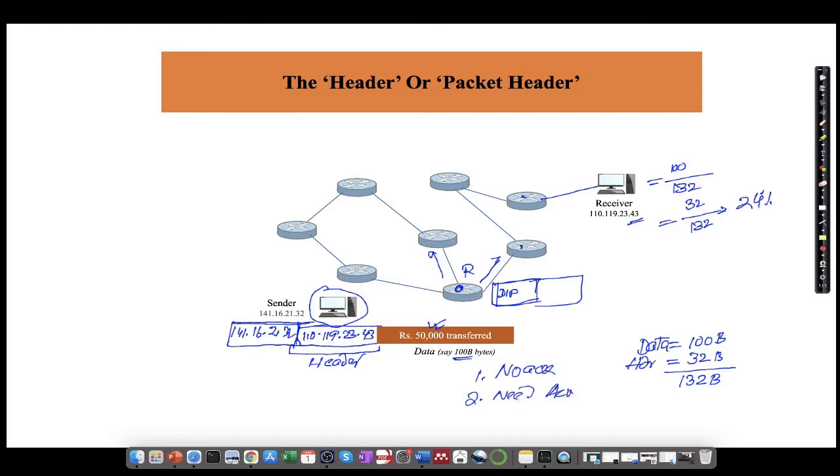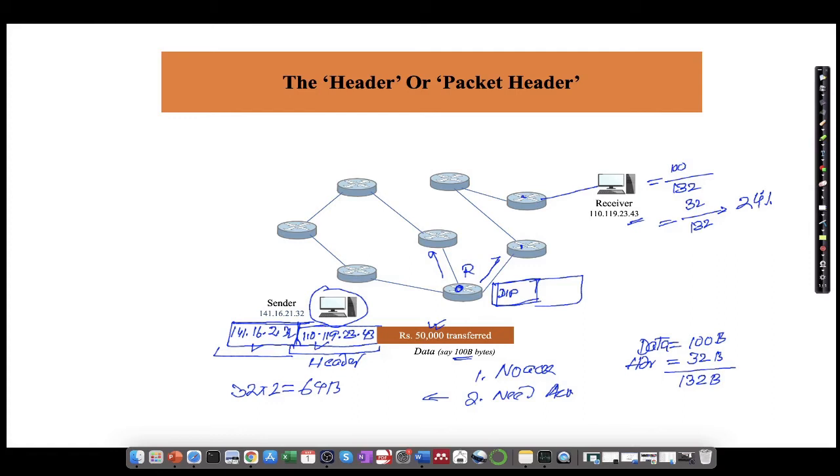In the second case, the total overhead or the size of the header will be 32 multiplied by 2, which is equal to 64 bytes, because 32 bytes are for the destination IP address and 32 bytes are for the source address.